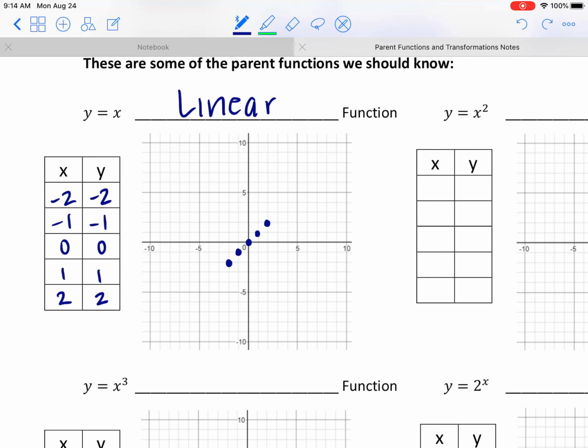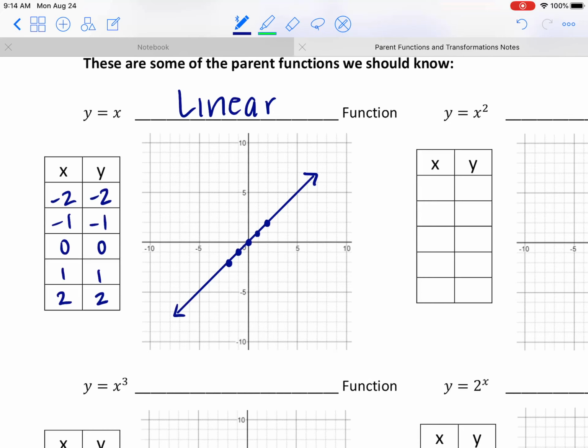And so that's what makes this graph linear. So we're going to connect these points. Technically I only picked x values from -2 to 2 in the table, but we know that we could continue to pick smaller x's and larger x's. So we're going to connect these with a line that continues forever in both directions. Okay, so there's our parent linear function.